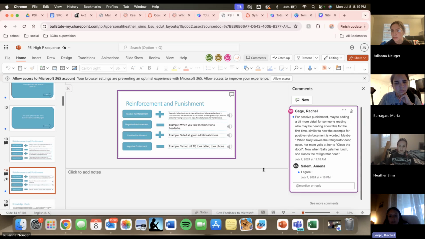Now, when Sally gets her lunch, she closes the refrigerator door, rather than having positive punishment just saying yelled at, given additional chores. That might not be super explanatory of the general concept if one isn't familiar with it. So maybe just adding a little bit more detail on that one. And we can also get with her coach specifically to go over this with her as well.